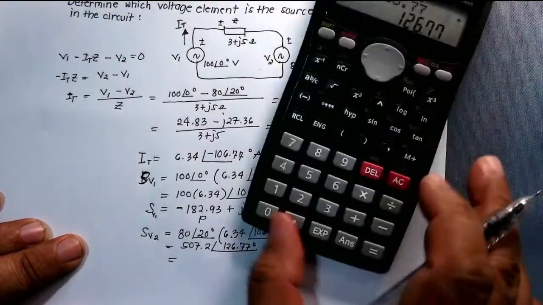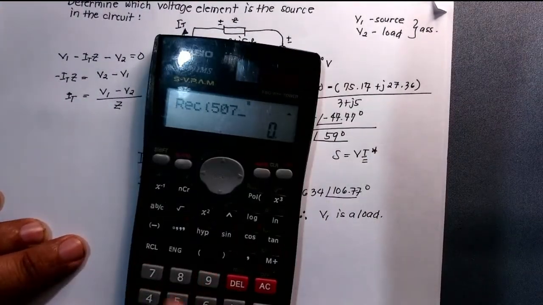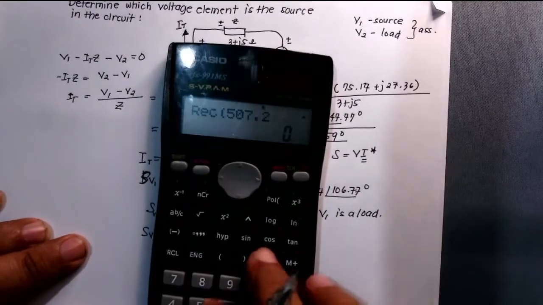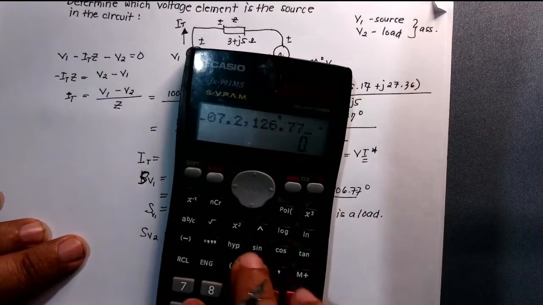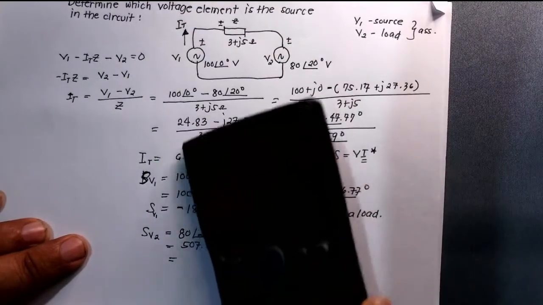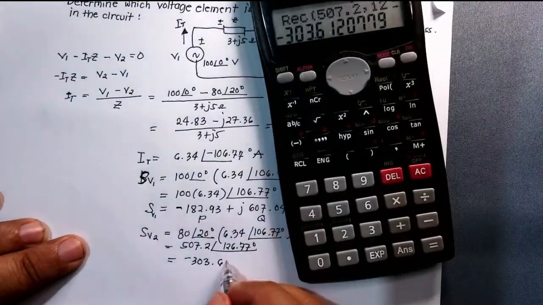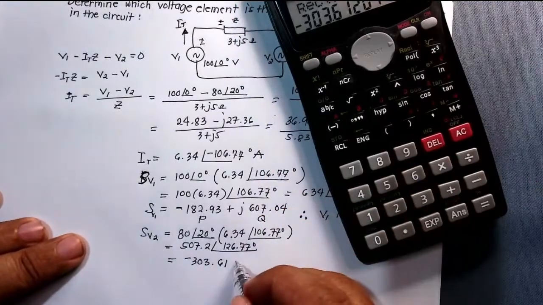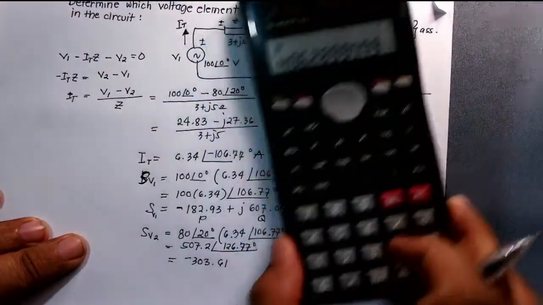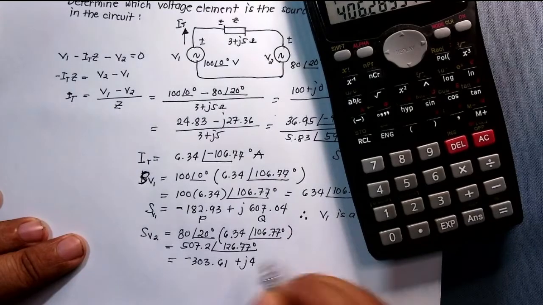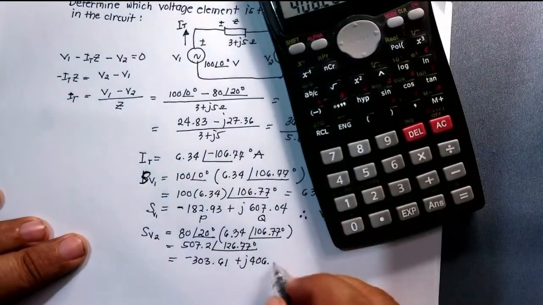Now I will get the rectangular form of this one. Using shift rectangular, 507.2 comma 126.77, that is negative 303.61 plus j406.29.